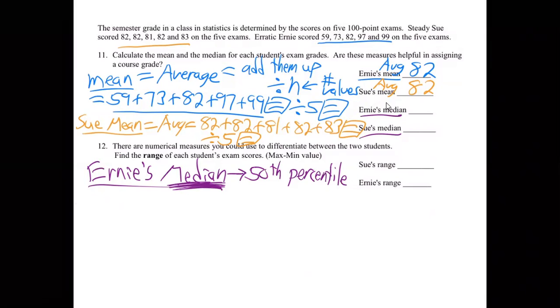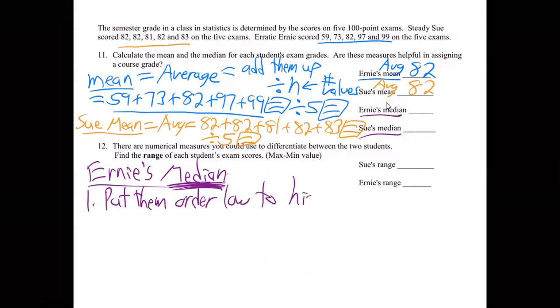In fact, you know what? We did a bunch of the percentile, so let's do it the order way. Put them in order. You have to put them in order low to high. So let's grab erratic Ernie's numbers. And that's the trick.